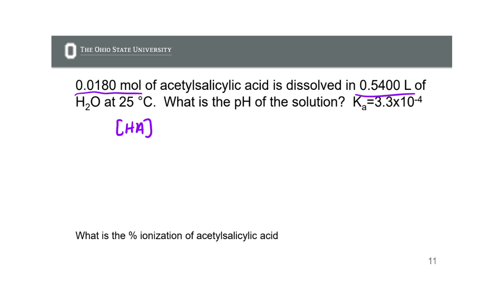Because I'm feeling nice, I will give you the concentration, dividing the moles by the liters to get 0.0036 moles per liter. I want you to find the pH of that solution. Check your assumption on this one, and it's going to fail. You will have to use the quadratic, but I want you to practice using the assumption and see that it does. Work with your neighbors on this one.